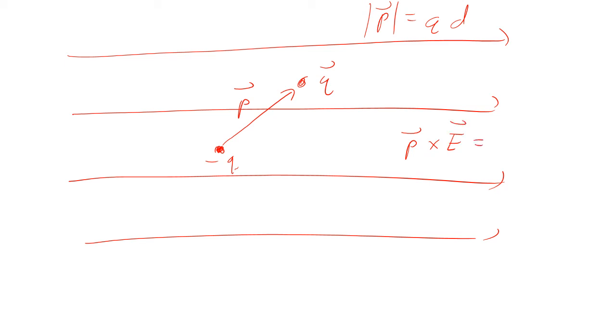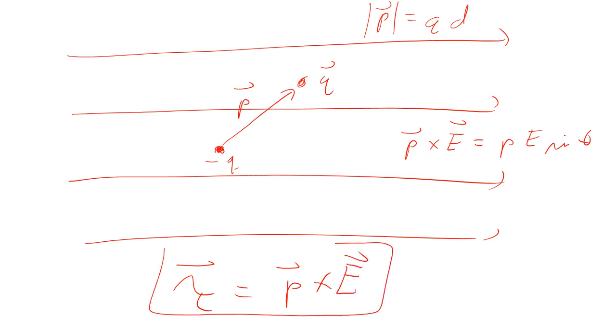That would be pE sine theta. What direction would it be? Into the screen. So we could say the total torque on the dipole is given by p cross E. This is one reason we like dipole moments: it makes calculating the torque on the dipole very, very easy.